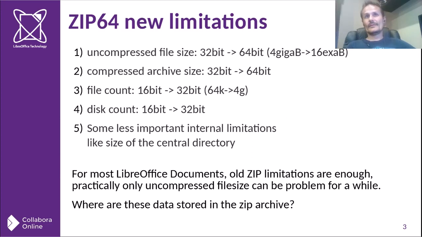Our document is always in one part, so the LibreOffice code doesn't even handle this variable. It just skips it and assumes we have one part anyway. There are even some more limitations, but they are even less important for us.